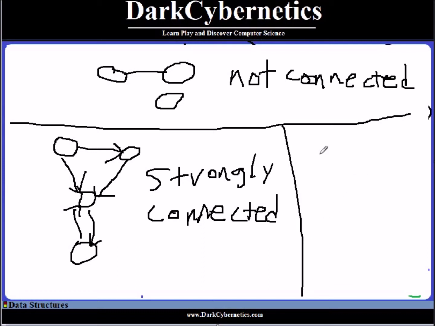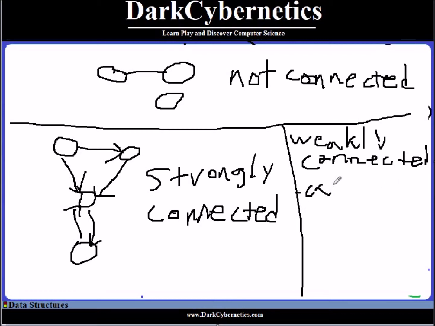And we can say that we also have weak connections. This is going to be weakly connected. Let's write this here: weakly connected. And let's write an example of a weakly connected network.